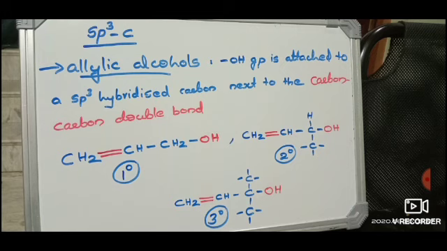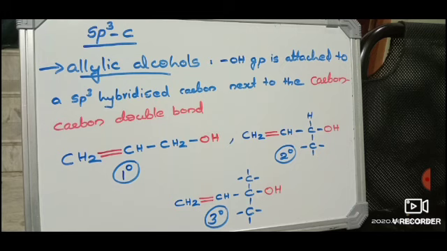Example, CH2=CH-CH2OH. OH group is attached to a carbon atom which is sp3 hybridized and that carbon atom is bonded with a double bonded carbon atom.